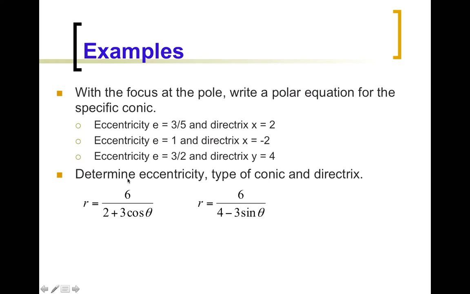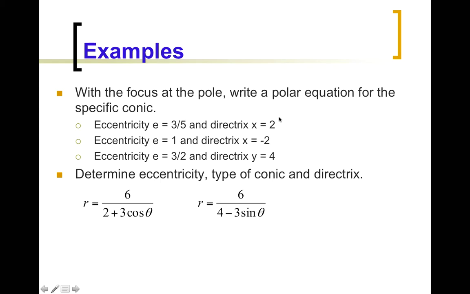So let's start off with the first three questions here. With the focus at the pole, write a polar equation for the specific conic section. So if eccentricity is 3/5 and the directrix is x equals 2, we would look at that and go, oh, if the directrix is x equals, that's going to be either of the first two equations.